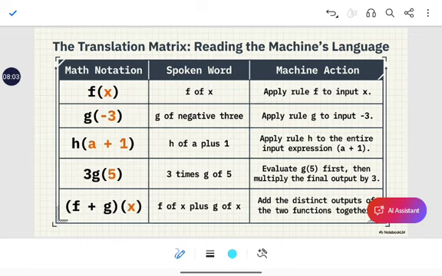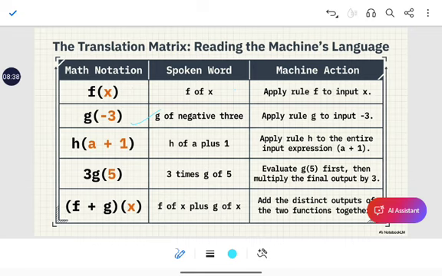What it is saying is that the f, the function, has its own rule. So apply that rule onto x, the value of x. Good. So when we come to this example, you see that it is g into brackets -3. It is read as g of -3. So apply the rule of g to the input -3.